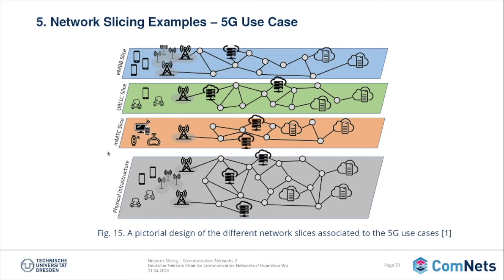These requirements lead to the design of the 5G network on the concept of end-to-end slices, including RAN and core network segments. These three types of network slices for different services are illustrated in this figure. We can see that different services will be associated with different slices depending on their requirements.